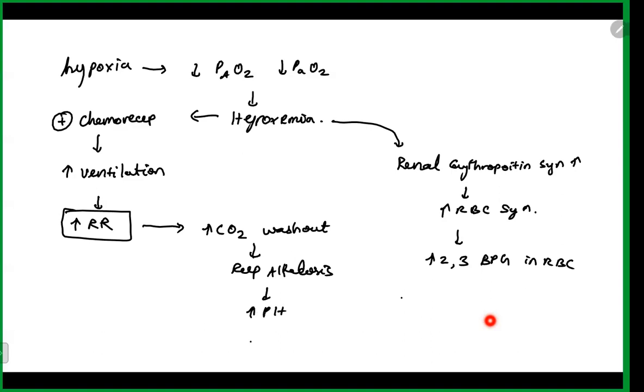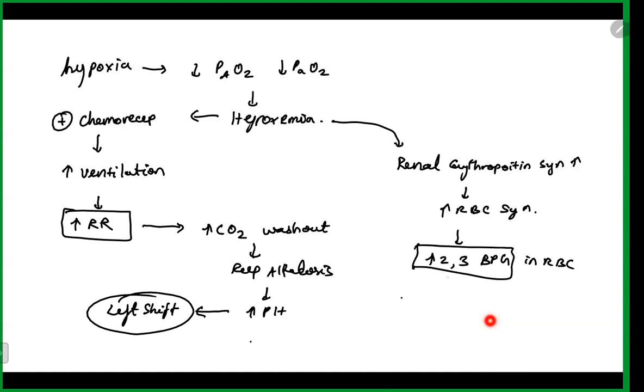So now tell me, you have two factors for shifting of your curve. Increase in the pH is going to favor what? It is going to favor increased affinity of hemoglobin for oxygen. That is going to be a left shift. There is one factor that is going to cause a left shift, but you have an increase in the 2,3 bisphosphoglycerate, which is going to cause a right shift.